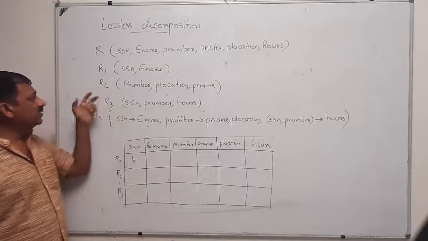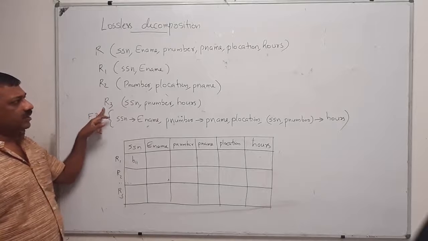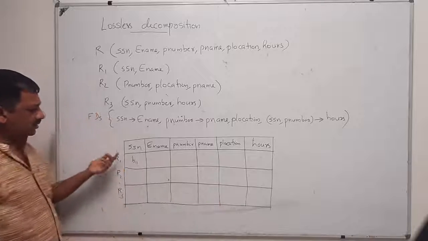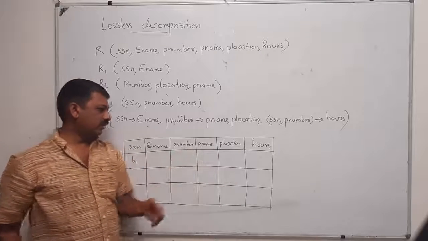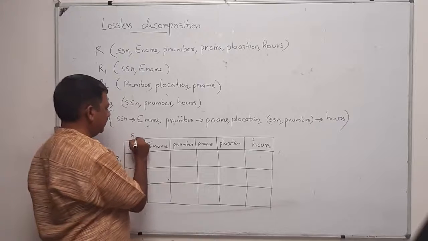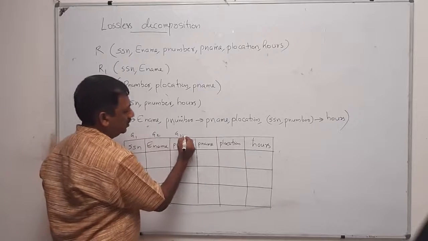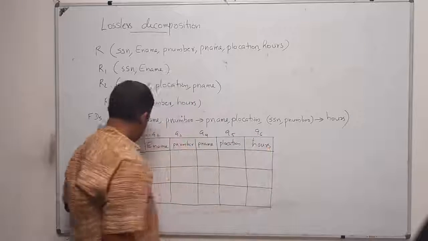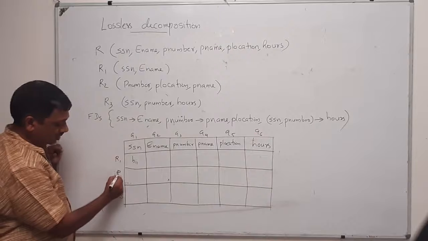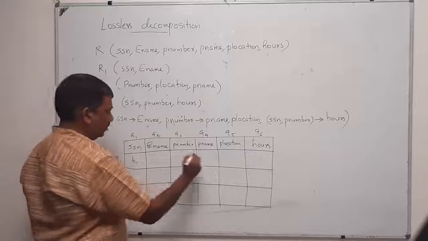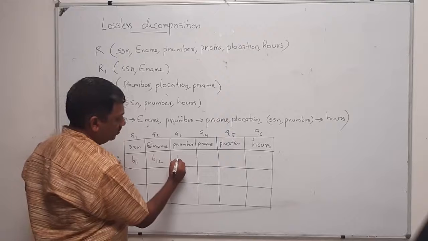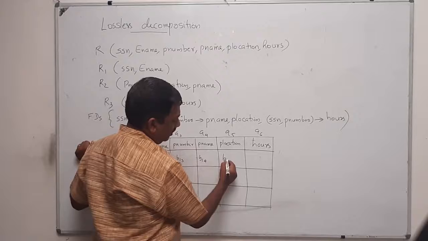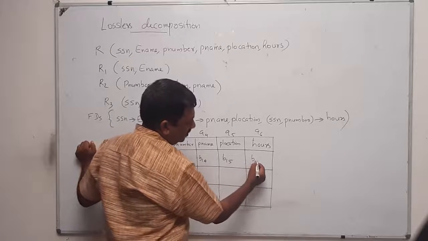Now I am going to split that into three, R1, R2 and R3. For that I have constructed a table, same 6 attributes, and those attributes are defined as A1, A2, A3, A4, A5, A6. Now this is R1, R2 and R3. So I am going to have B11, B12, B13, B14, B15, B16.